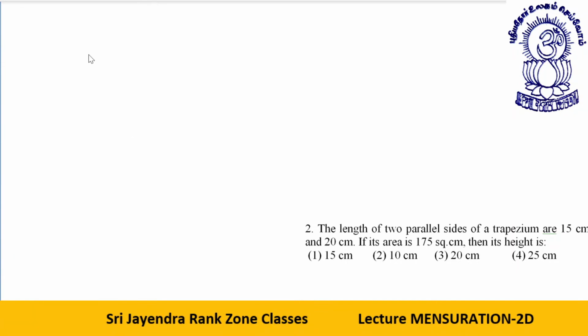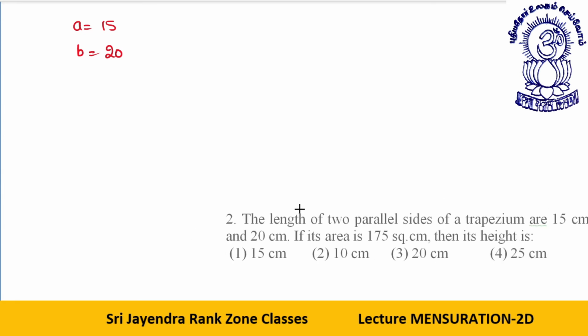The length of the two parallel sides of a trapezium are 15 and 20. A is equal to 15, B is equal to 20. If its area is 175 square, then its height is, see, area is what?